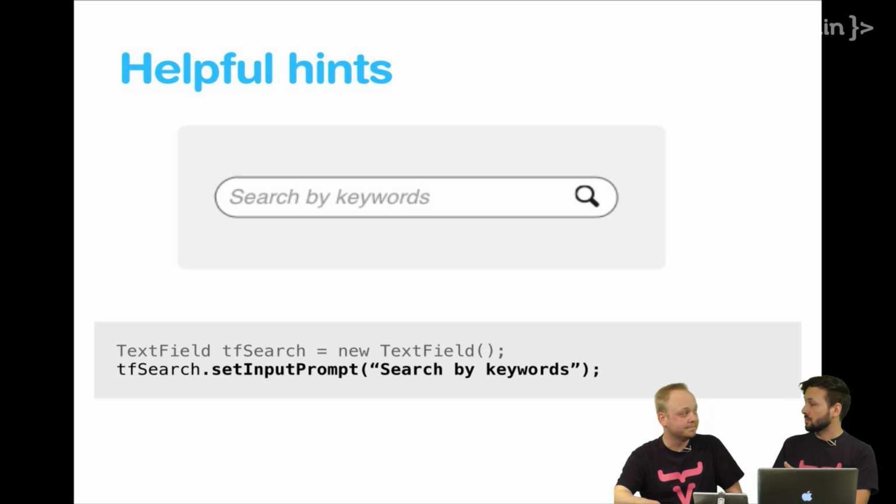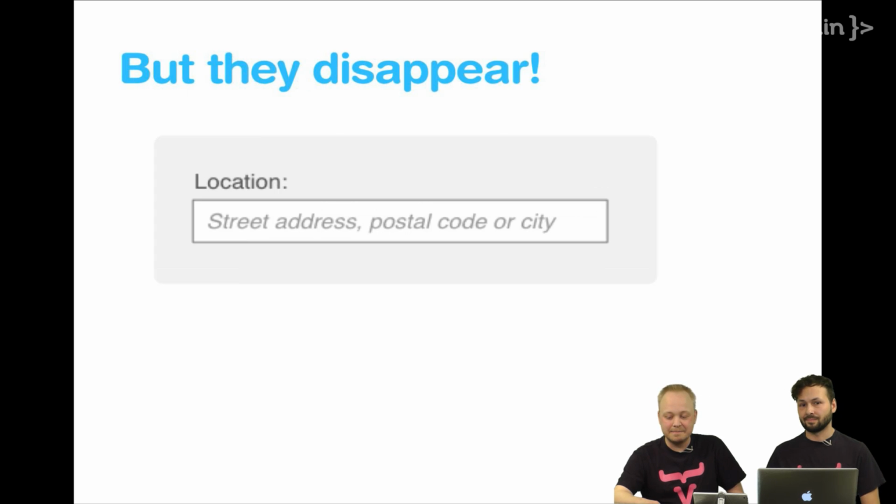Now that sounds great, but there are places where you shouldn't do that, right? Yeah, it can get a bit problematic because you have to keep in mind that as soon as you type anything into the field, the input prompt will disappear and you won't see it again until you clear the field. The example here is a bit of an edge case.